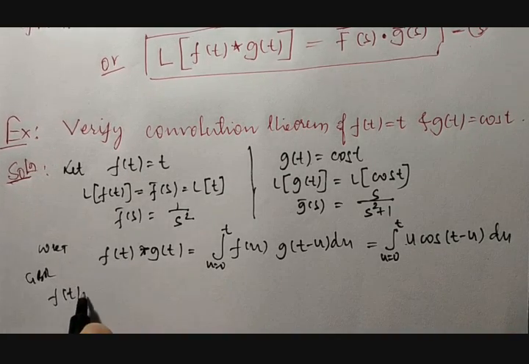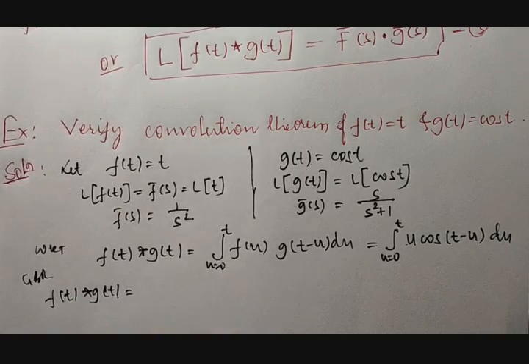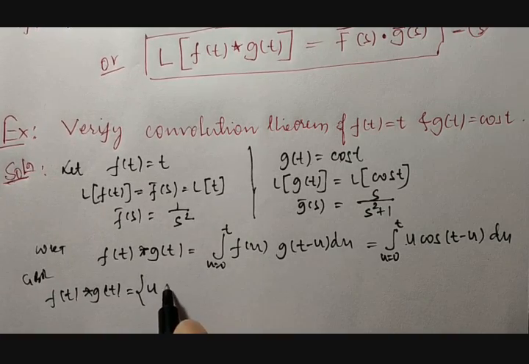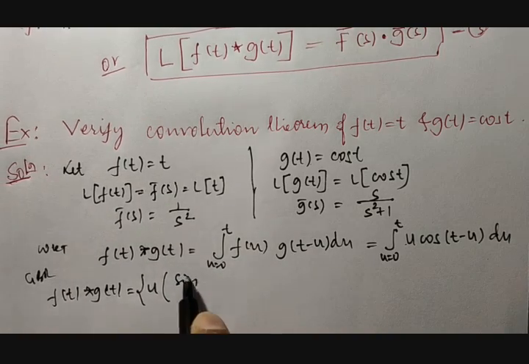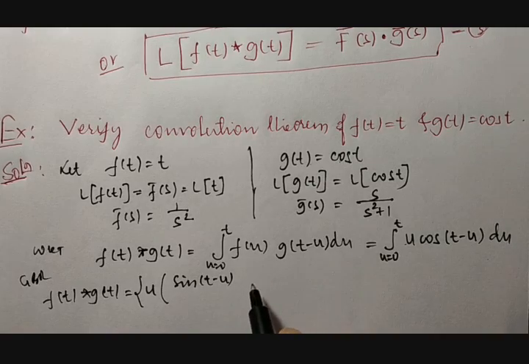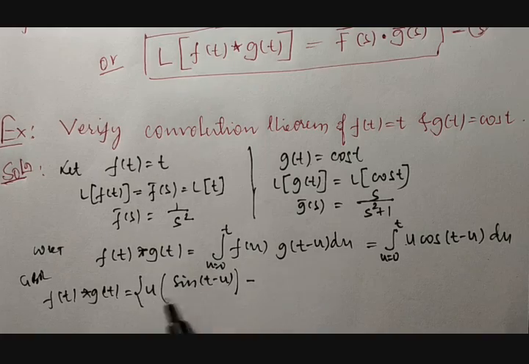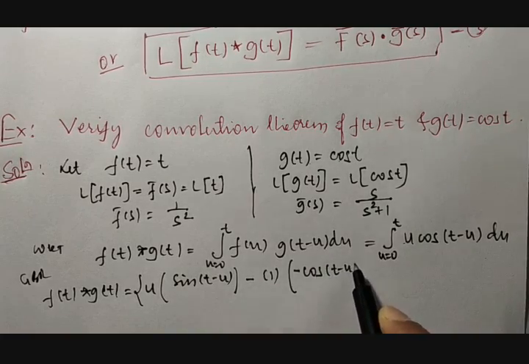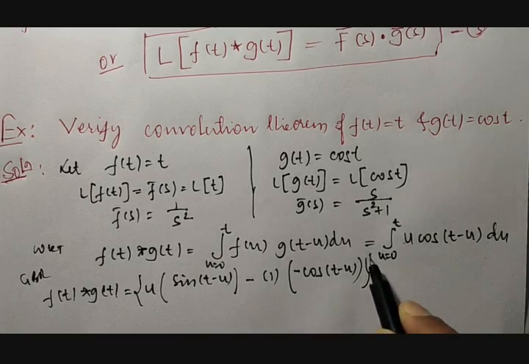Therefore, f of t star g of t is equal to, applying the generalized Bernoulli rule: the first function, times the integration of the second function, the integration of cos is sine of t minus u, minus the differentiation of the first function, 1, times the integration of this second function once again, that is cos of t minus u, between u equal to 0 to t.